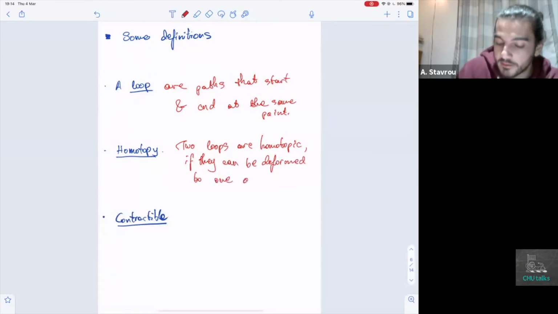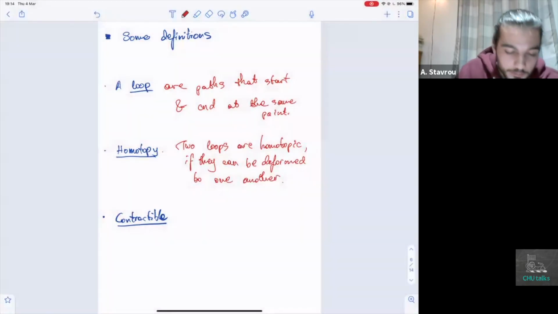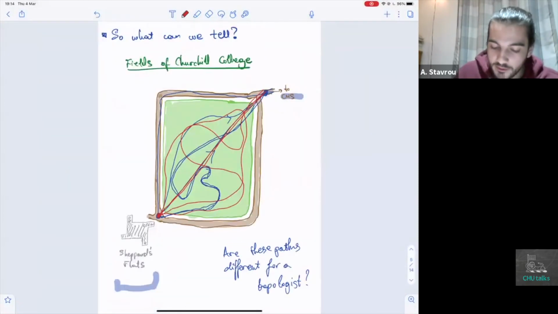That practically means exactly what I showed you in the picture in the previous page. Like this blue path that goes like that, and this straight line path are homotopic because you can pull one as if they're made out of an elastic material to the other.